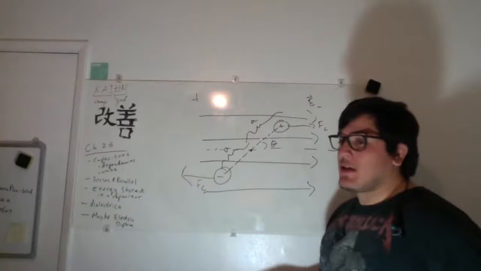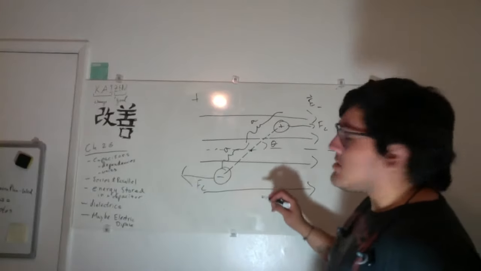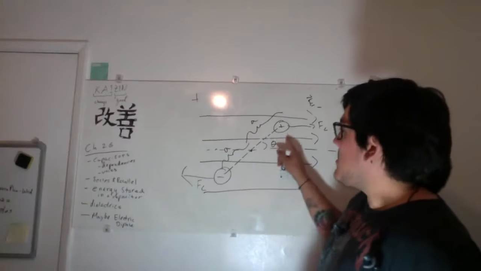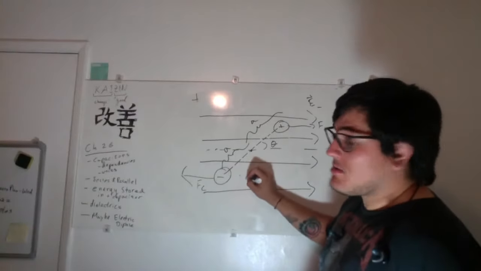And what they say is that the dipole moment points from negative to positive. So it's a vector.